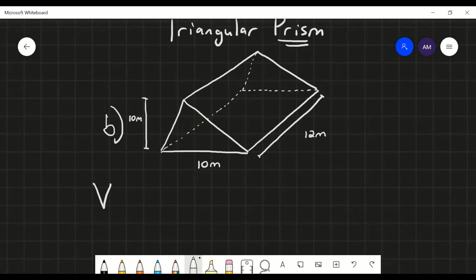So the volume of a prism of some kind is just going to be the area of the base times, I guess we can call it the width or the height. I'll call this the height. I know it's sitting down, but generally you'll see it mentioned as height. So all we have to do is calculate the area of the triangle and then multiply it by this 12 meters, which we call the height.